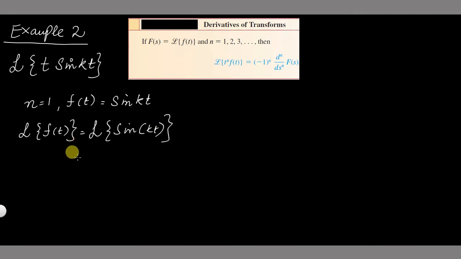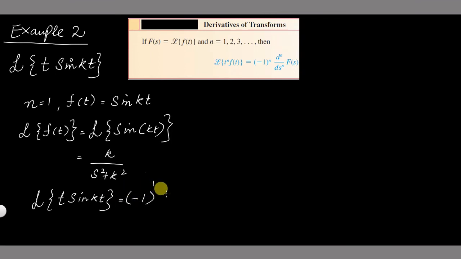and we all know the Laplace transform of sine kt is k over s square plus k square. So according to this formula, the Laplace transform of t raised to the power n, here n is 1, will become t sin kt, and just write minus 1 raised to the power 1.